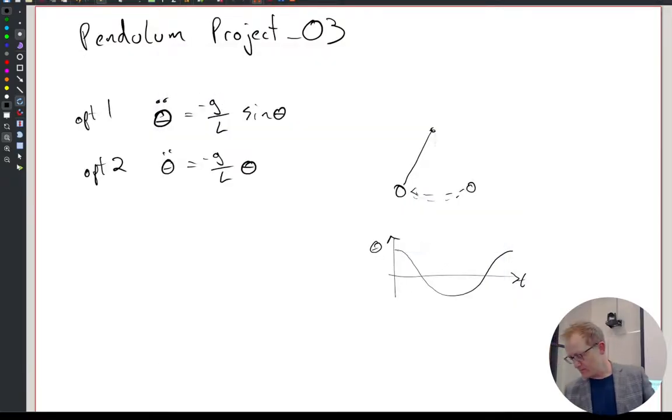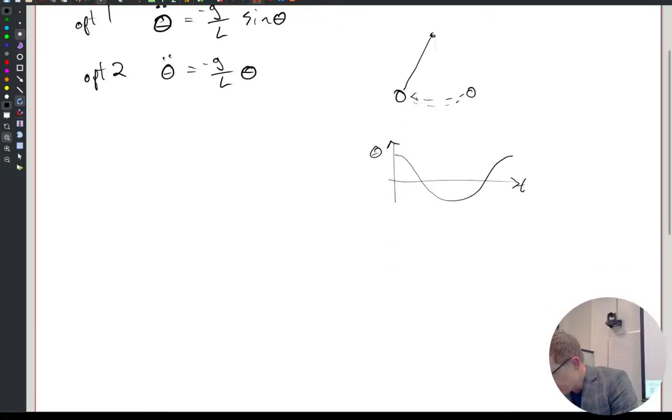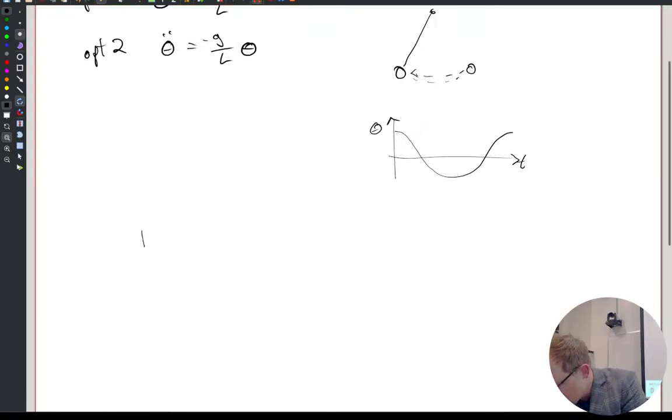All right, so we'll make, yeah, 5'9", right there. What's the time period for L equals 5'9"? What are we supposed to get? What are we supposed to measure?